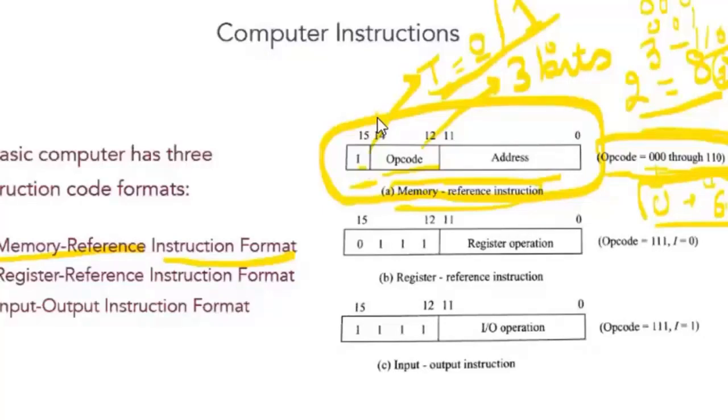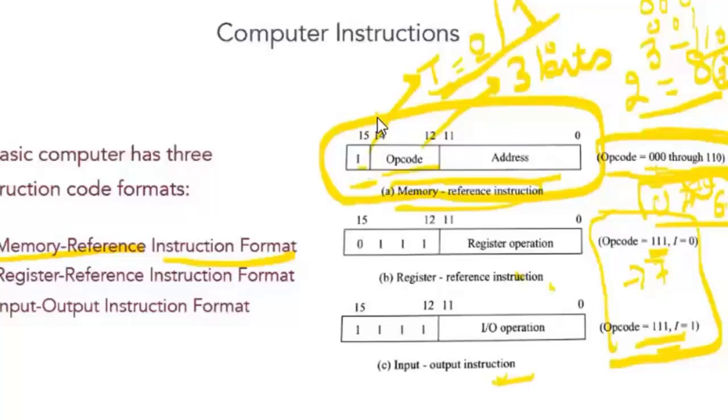Why? Because the 7th we are taking for the register reference instruction and input output instruction. The opcode 111, that is 7, is reserved for register reference instruction and input output instruction. This is actually predefined. We assume it 111 for the register reference instruction and 111 for the input output instruction.